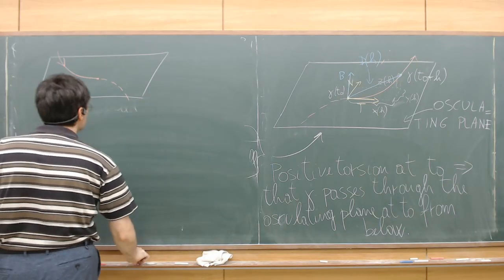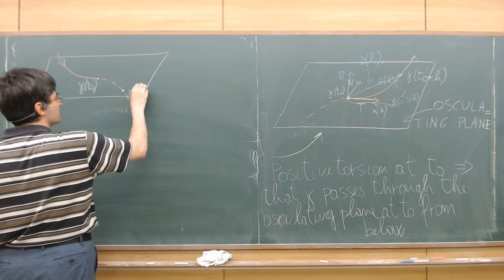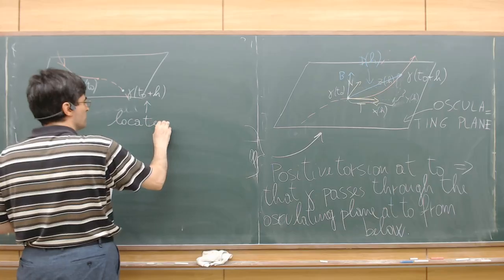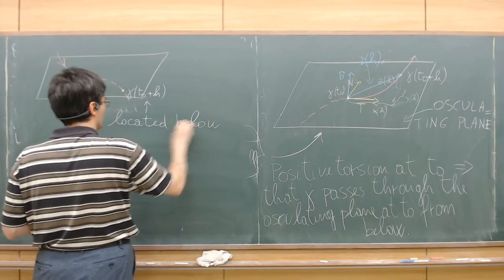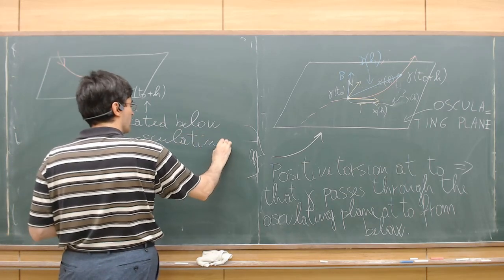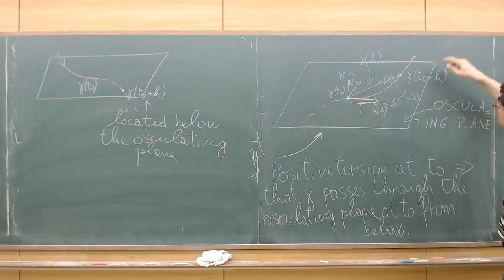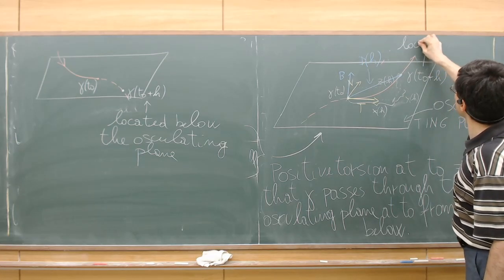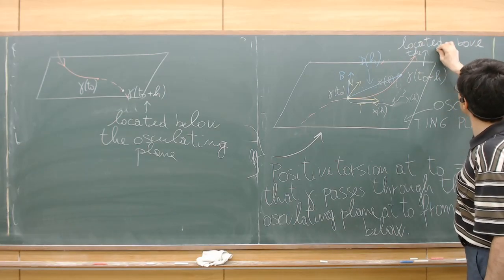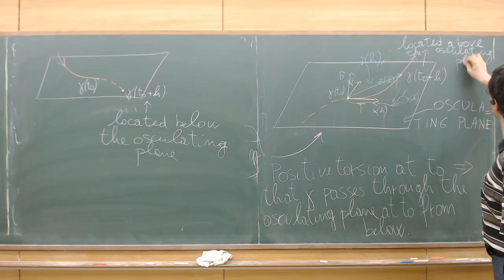This is gamma of t0. Now gamma of t0 plus h is here, and this is located below the osculating plane, while before, gamma of t0 was located above the osculating plane.